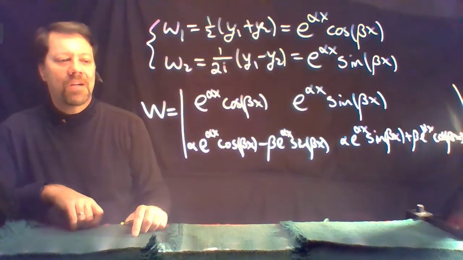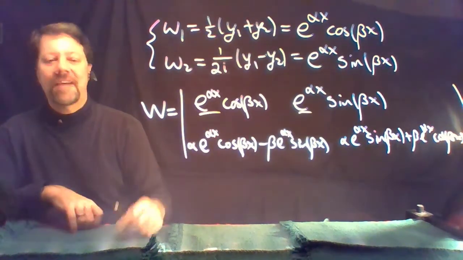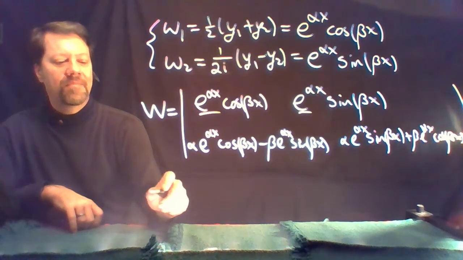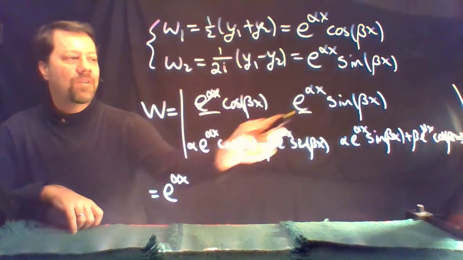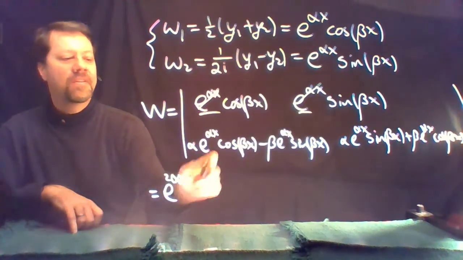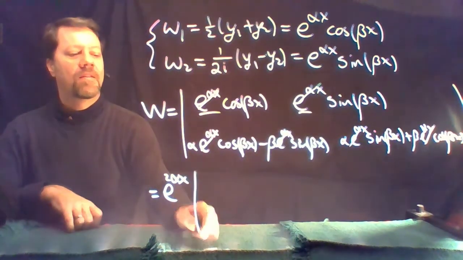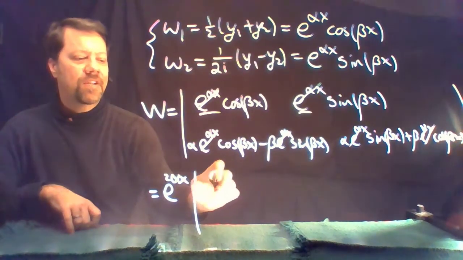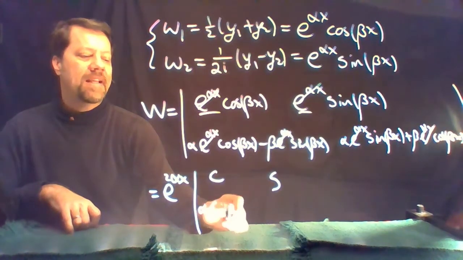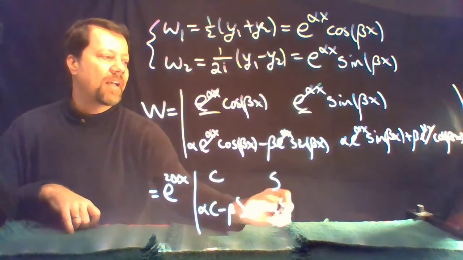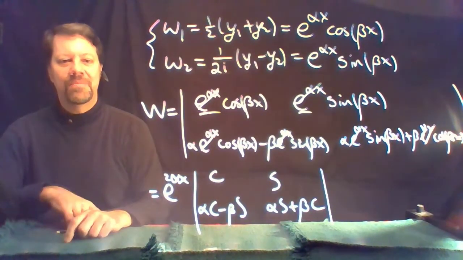One fact about determinants is that if you have a common factor in any row or any column, you can factor that out of the determinant. So we can factor out an e to the alpha x from the first row and another one of those from the second row. I'm going to write what's left over as cosine, sine, alpha cosine minus beta sine, alpha sine plus beta cosine, just to save room.